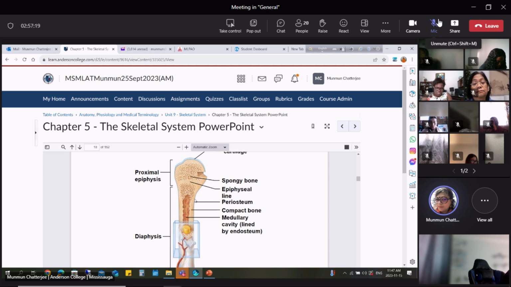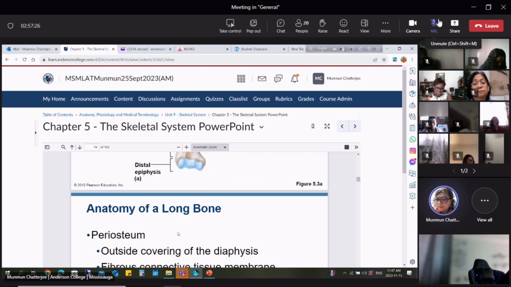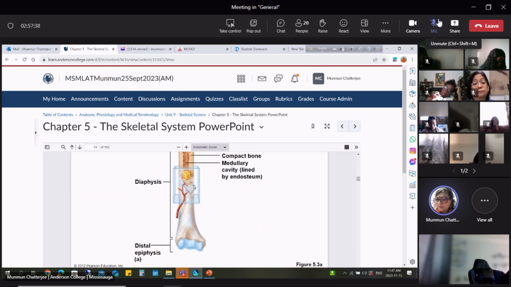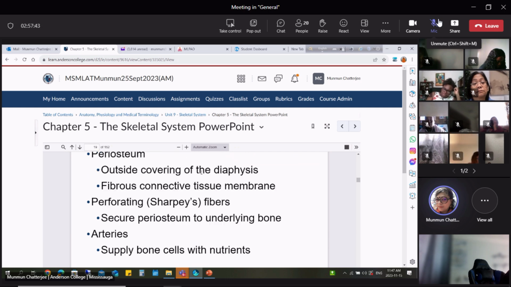These we are going to come to a little later. What is the anatomy of the bone? We are coming to the anatomy of a long bone. The outside covering of the diaphysis is called the periosteum.